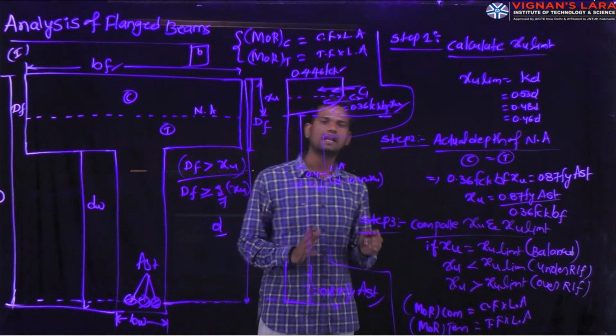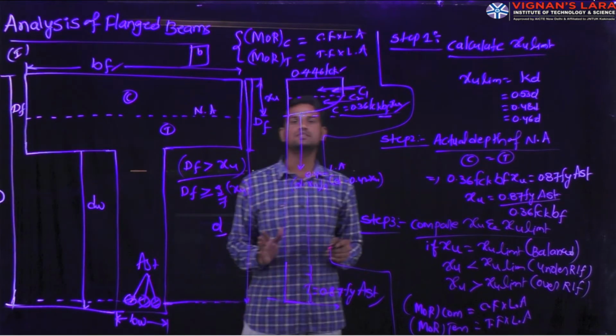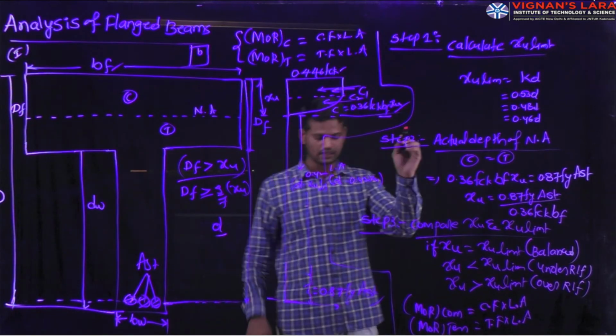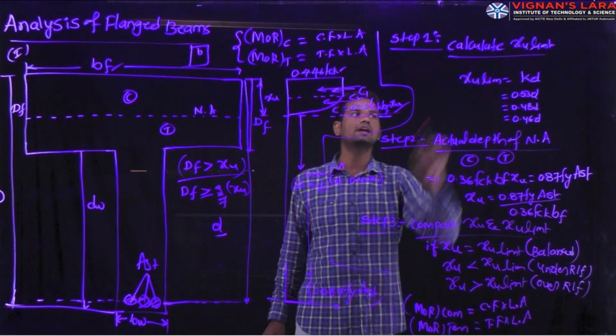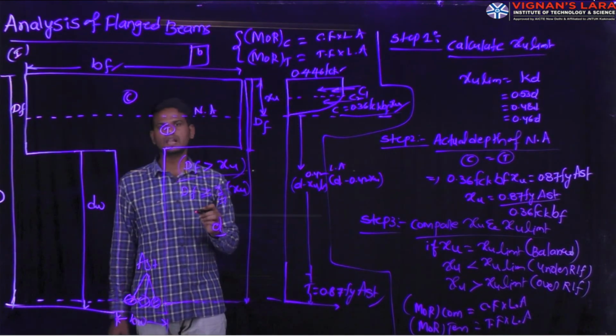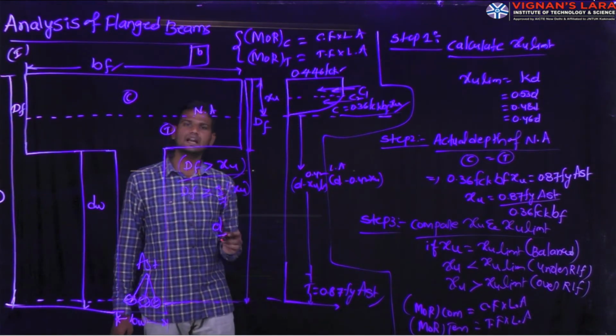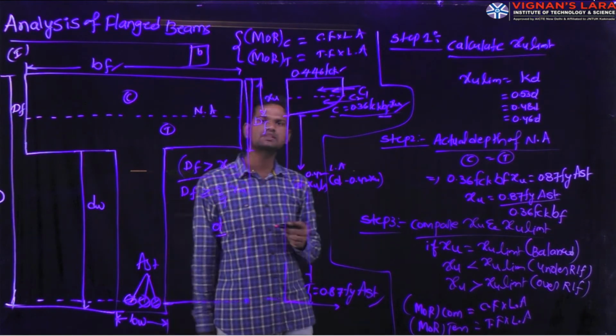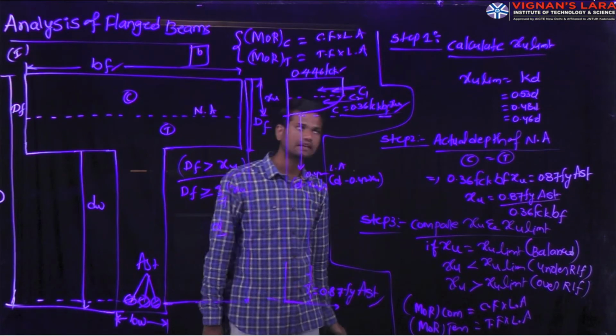How do we calculate the moment of resistance for the T beam? First, in step 1, we have to calculate the limiting depth of the neutral axis, based on the grade of the steel. Based on the grade of steel you are using, the limiting depth of the neutral axis may change.